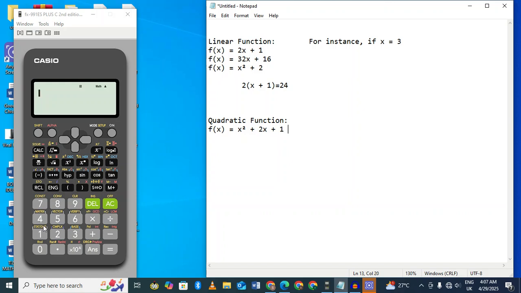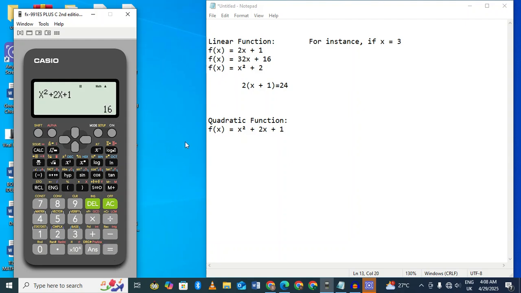So let's write out our equation. x square plus 2 for x plus 1. Okay, so let's calculate for x equals 3. That will give us 16.